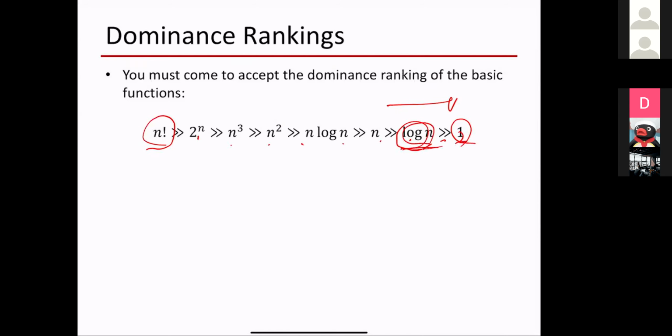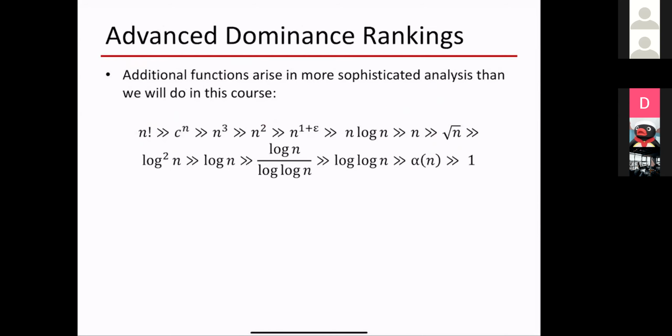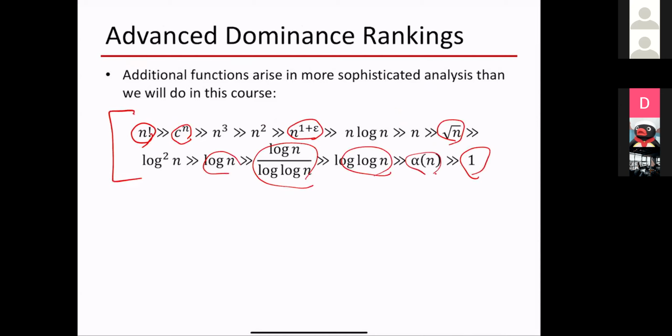If you have a more advanced dominance ranking, additional functions arise in a more sophisticated analysis than we'll do in this course, like n to the n. In between, we can put more functions. But what we care about this whole semester is up to this point.